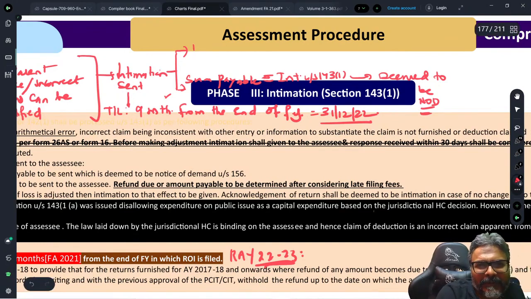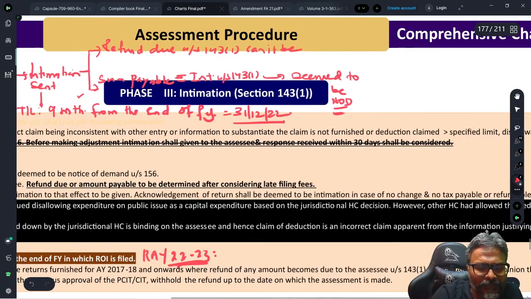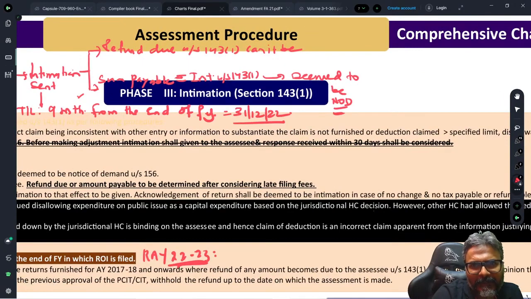Now, if there is a refund due, students, refund due under 143(1), can it be withheld by the AO? What is your take? If there is a refund which is due, then can it be withheld by the AO?